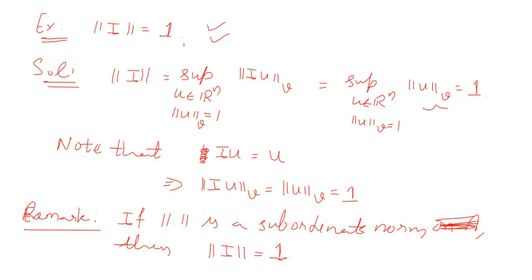If for a certain norm the norm of the identity matrix is not equal to 1, which you are going to see soon, then you can say this is not a subordinate norm, or this is not induced by any norm on Rn. So we have two names for this: subordinate or induced norm.